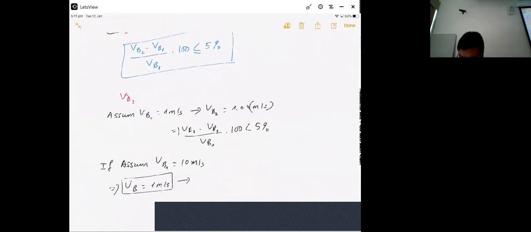And when we have VB 1 meter per second, Q will be equal to VB times AB. So you have the result. But if you choose 10 meters per second, maybe you have to do it 5 times to get the result of 1 meter per second. Do you know how to do this question?